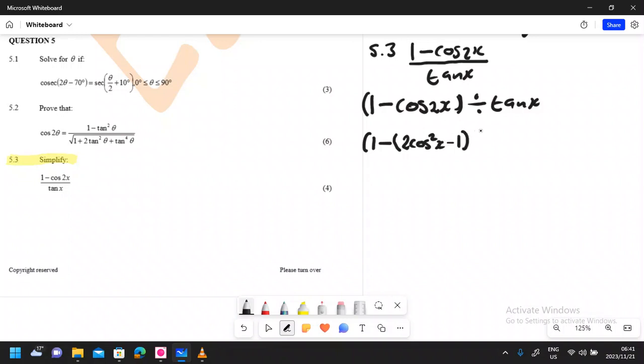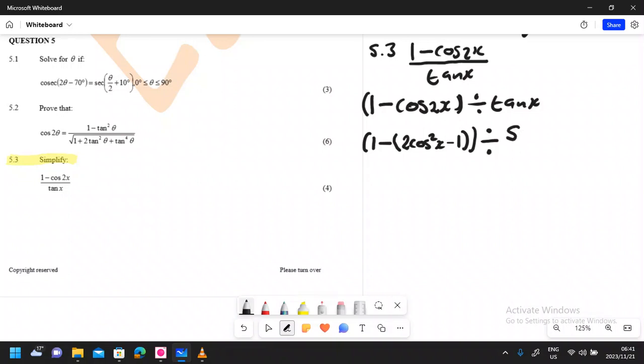Guys, this is one of the identities. So again, if you don't understand where this is coming from, this is one of the double angle identities. Go and watch that video here, and then we can change this tan to a quotient identity.